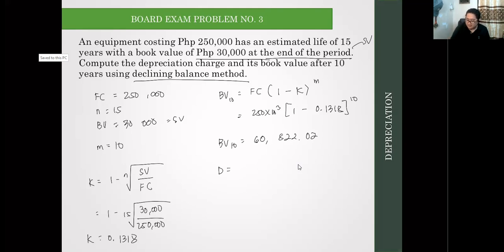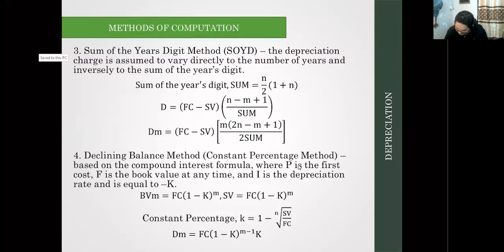Pwede tayo mag-assign ng dalawang book value. So, halimbawa, book value natin na depreciation charge. Okay? Ito sa depreciation charge. Okay? So, pwede nating kunin siya using yung formulang yon.